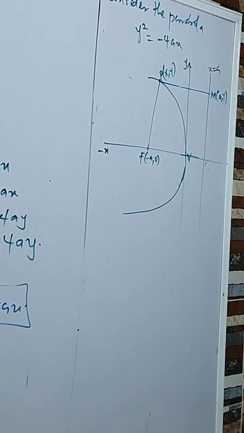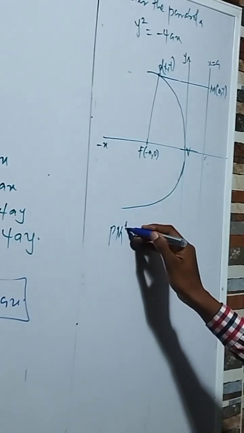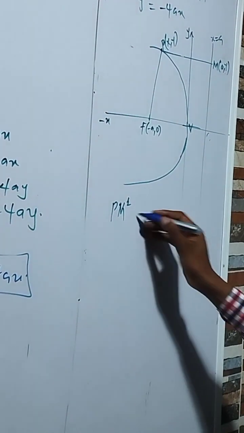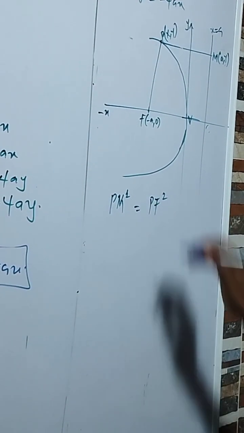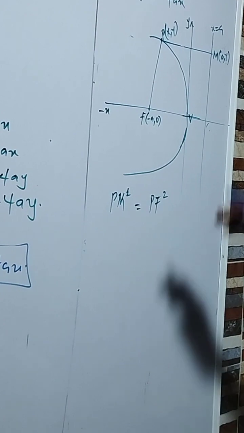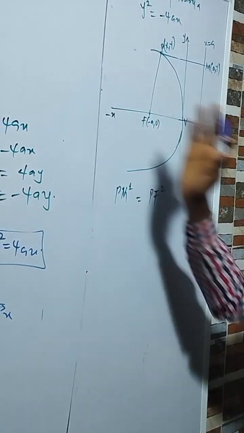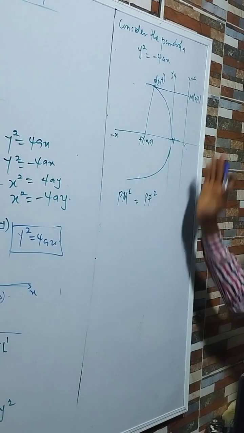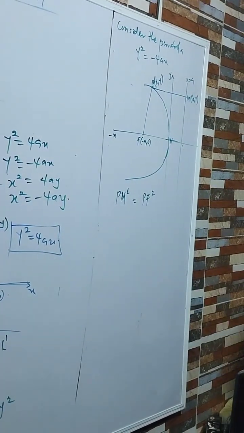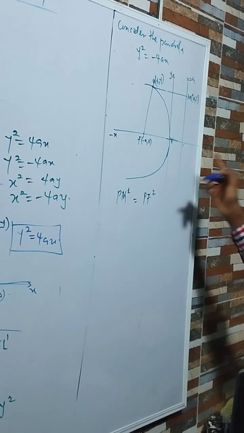So with this, we are saying that PM squared is equal to PF squared. Don't forget that this curve is facing the negative axis. The axis of symmetry is facing the negative part, so PM squared is equal to PF squared.